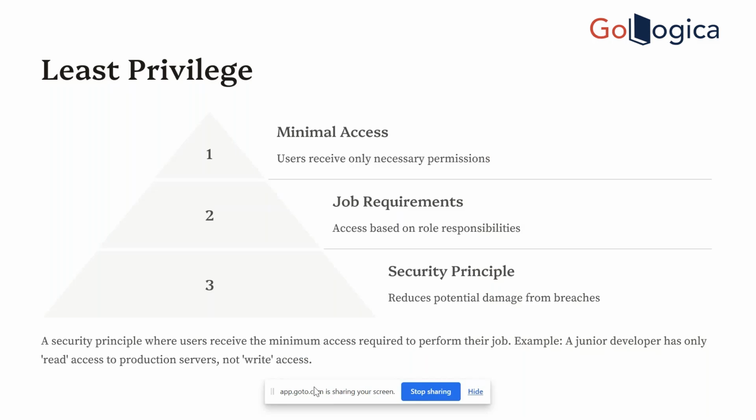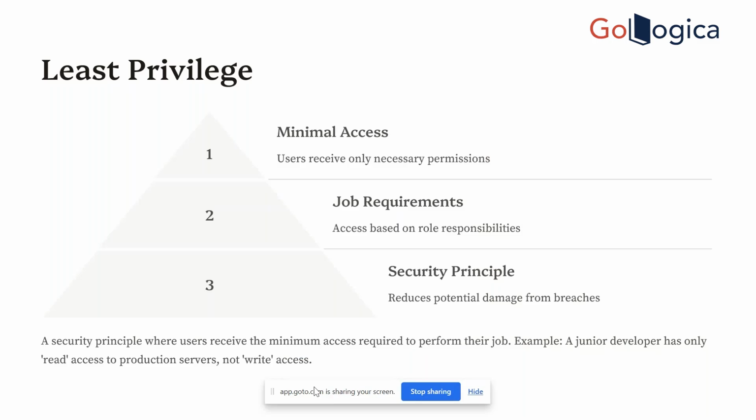Similarly, in the job requirement, access is based on roles and responsibilities. A manager has a certain kind of role, a senior manager has certain roles and responsibilities, and similarly a director has certain roles and responsibilities. On that basis, in an organization we grant certain access, correct?